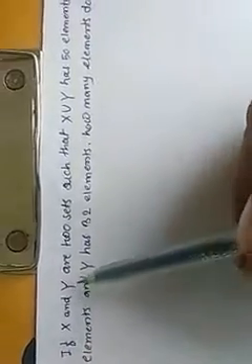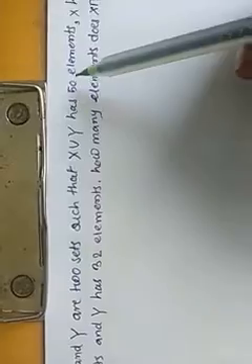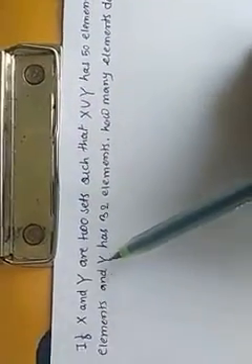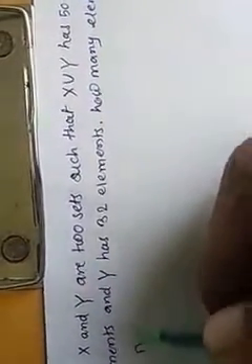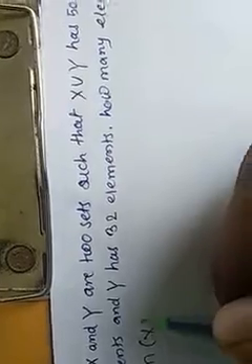If x and y are two sets such that x union y has 50 elements, x has 28 elements, y has 32 elements, we have to find how many elements x intersection y has. First we have to write the number of elements from the given sets. So n of x union y is equal to 50 elements.